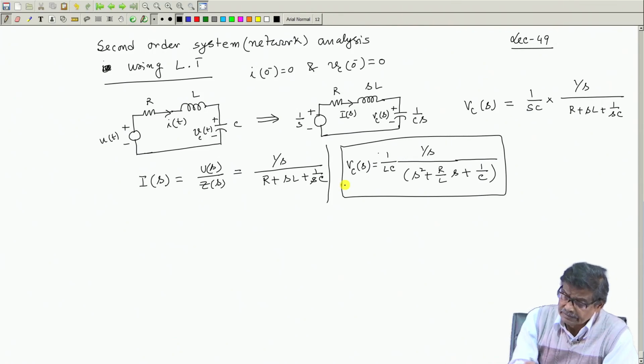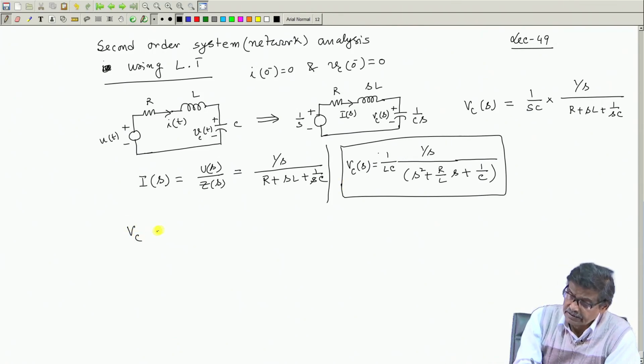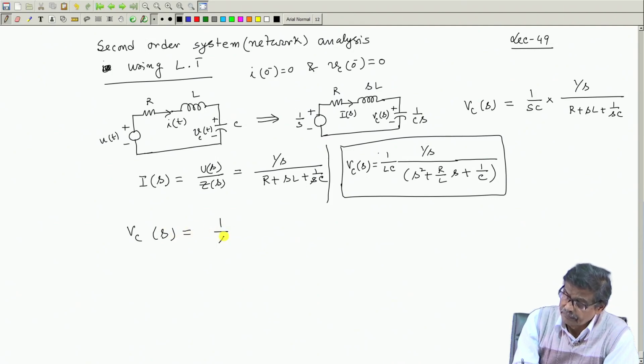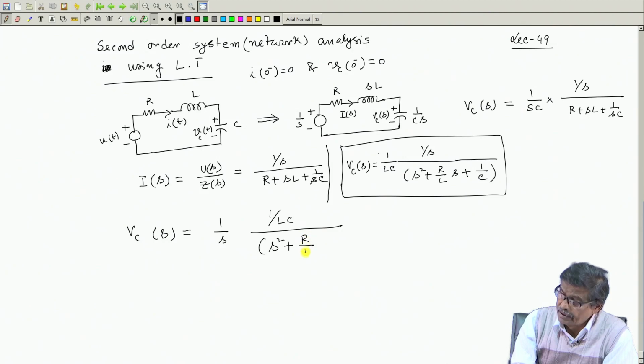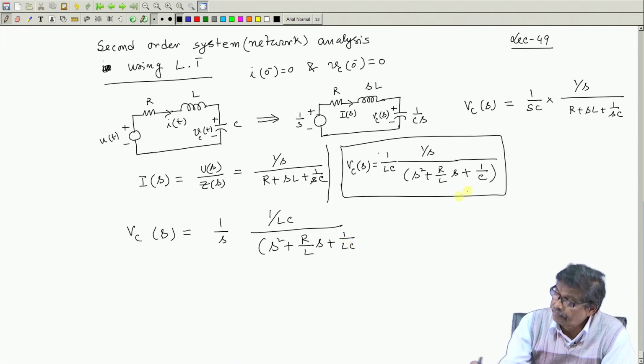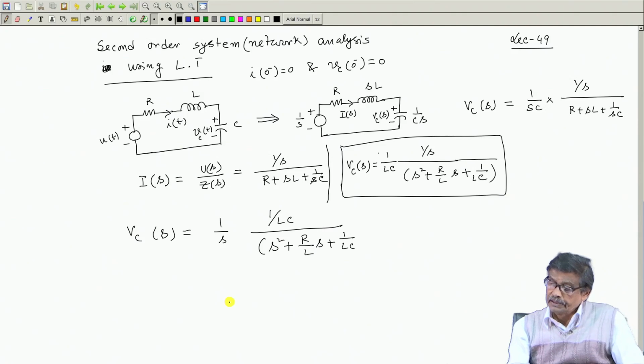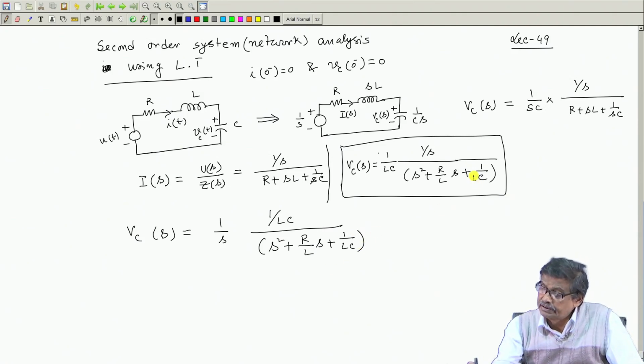Now, this can be written as VC(s) equal to 1 over s and 1 over LC, same expression, by s square plus R by L into s plus 1 over LC. It will be like this. I missed 1 over L earlier here.